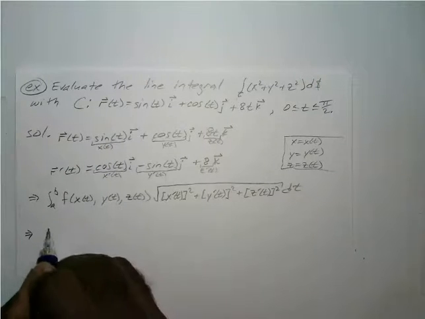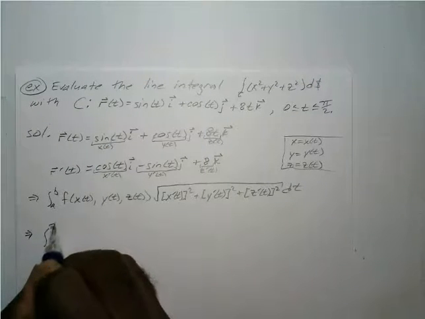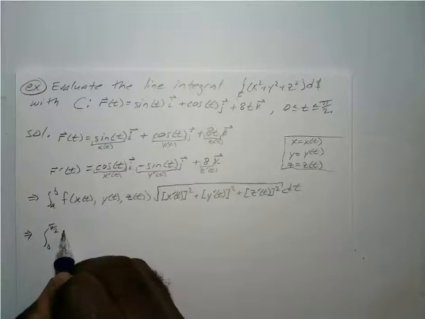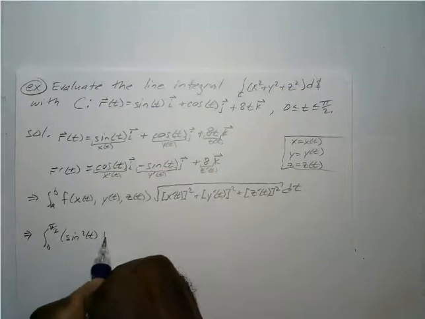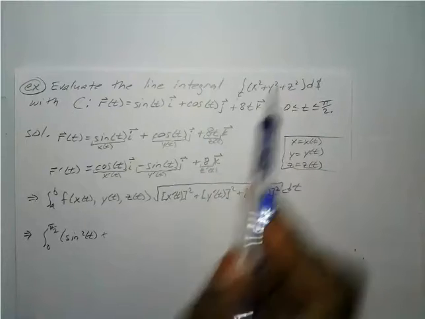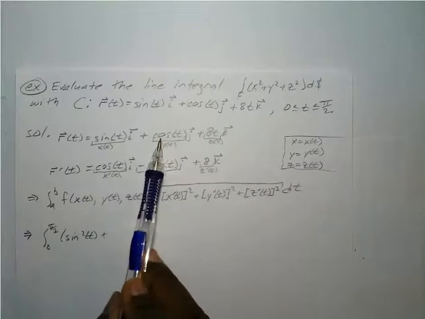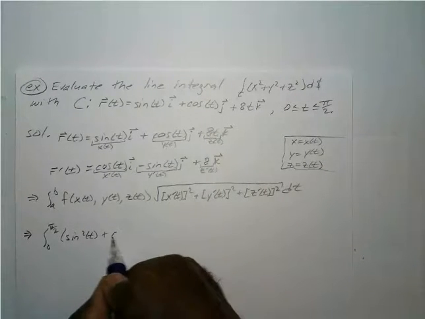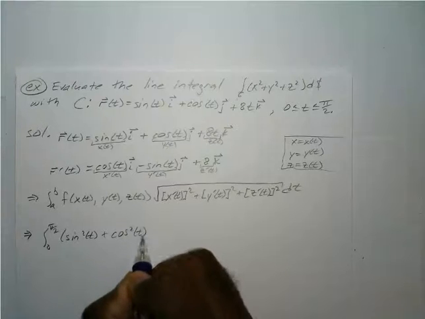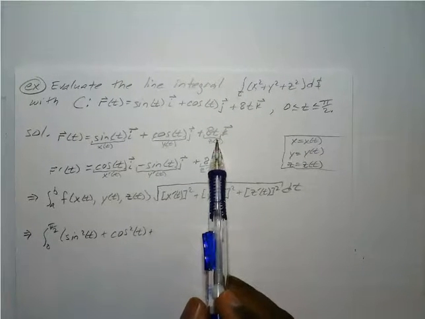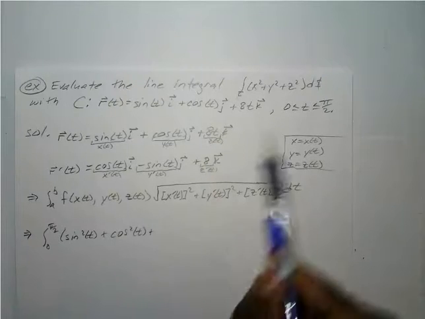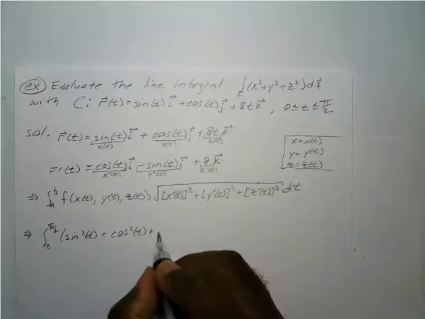So that becomes the integral from 0 to pi over 2 of sine squared t, and your y squared becomes y of t squared, so that's cosine squared t, and your z squared will become 8t squared, so that will be 64t squared.